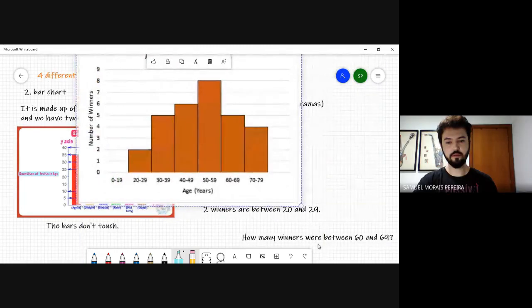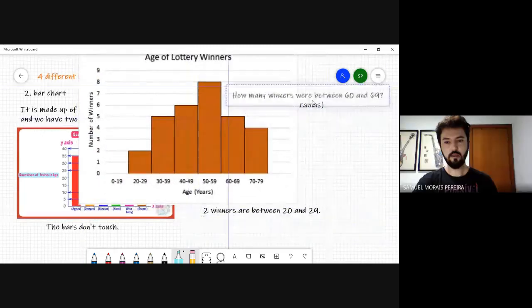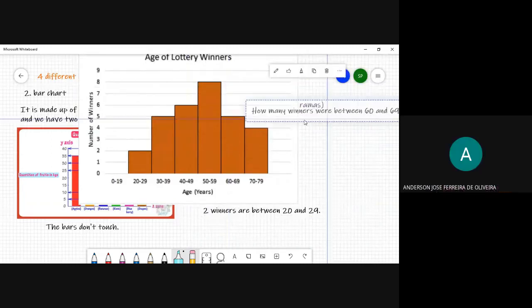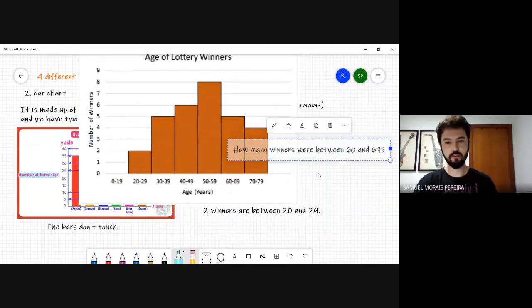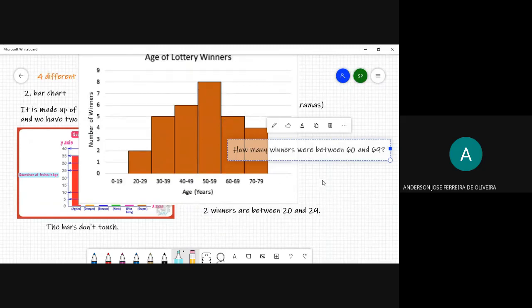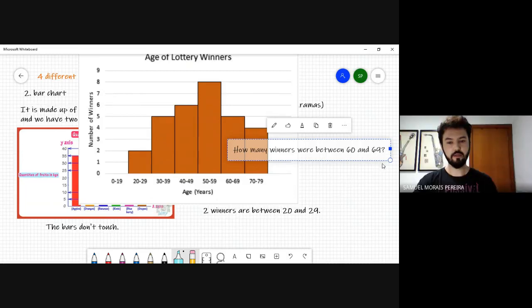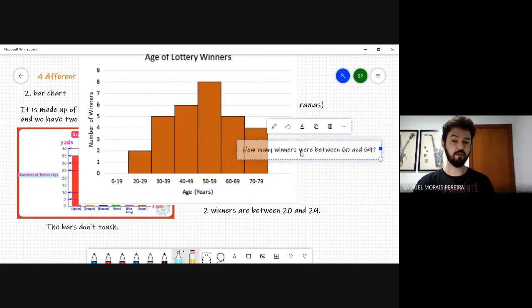Is it okay now? So the question is here. Five winners are between 60 and 69 years old. Tá vendo, guys? Very simple, right? So the question is simple. How many winners were between 60 and 69, right?